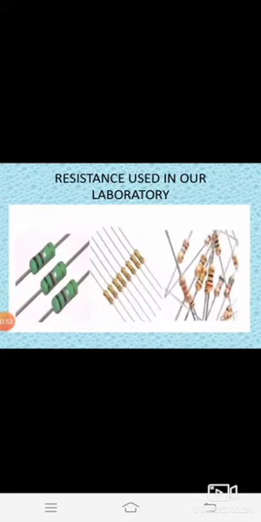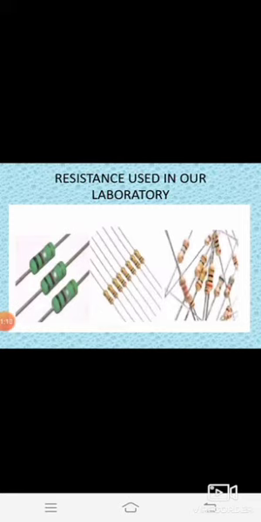Okay, students. The image of the carbon resistor is also given here. You can notice that these are carbon resistors. It consists of a ceramic core on which a thin layer of carbon is deposited. Inside, the thin layer of carbon is deposited, and outside there is the ceramic core.